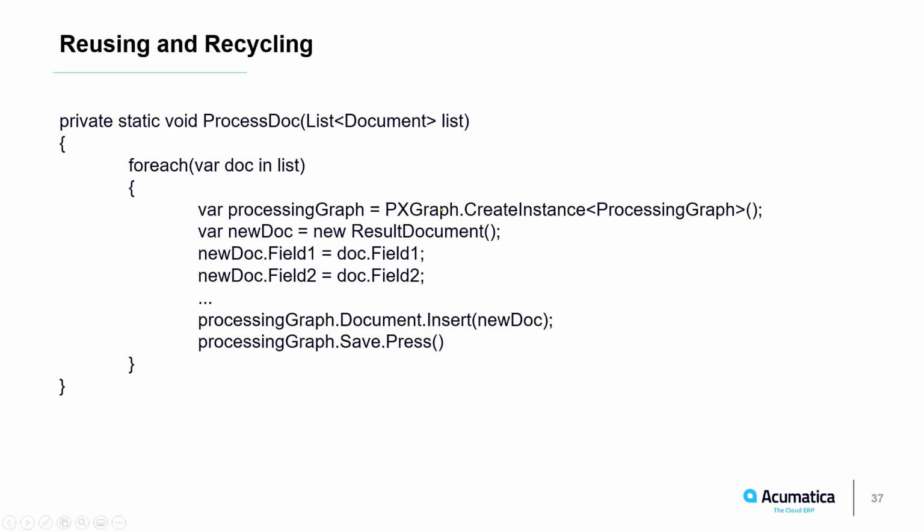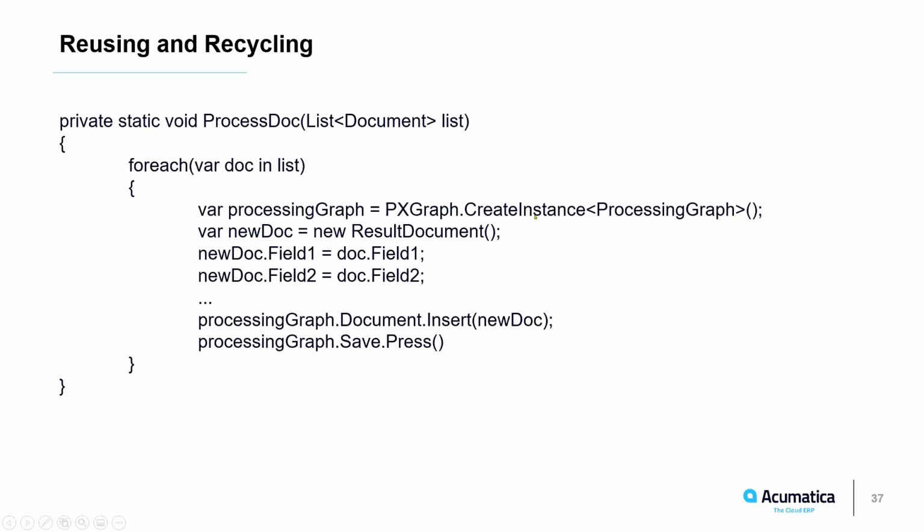Let me tell you. That thing, PXGraph.CreateInstance, will cause some performance issues for us because we do it for every document in the list. We repeat it many, many times. And that is actually a very heavy operation.